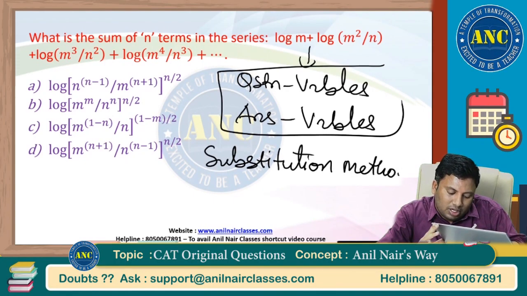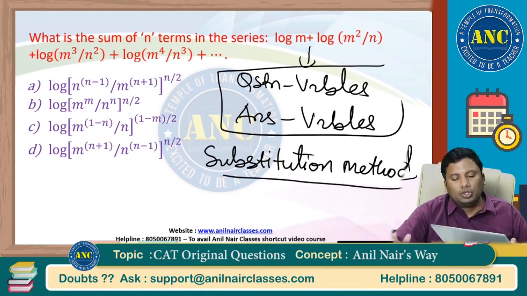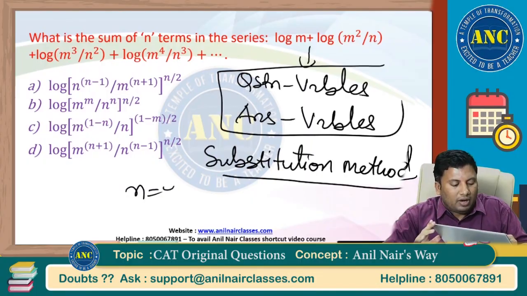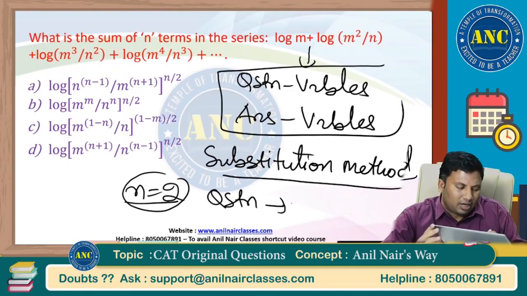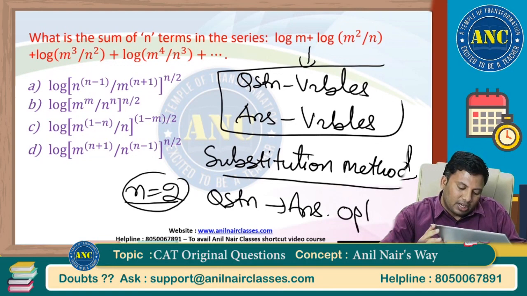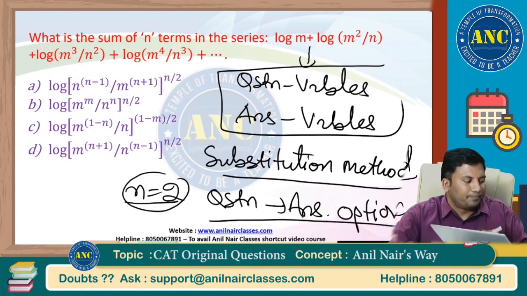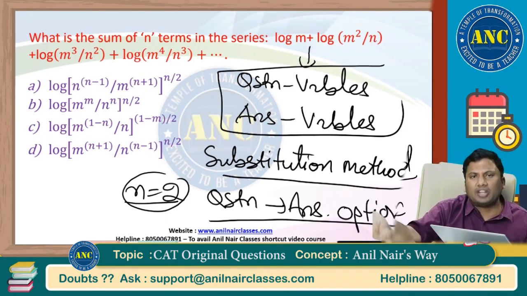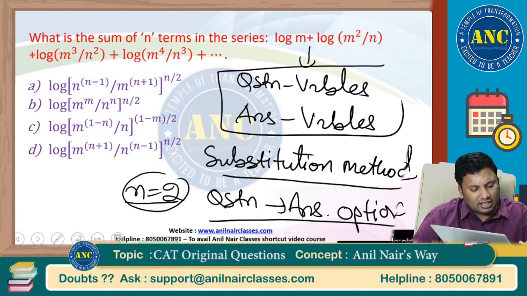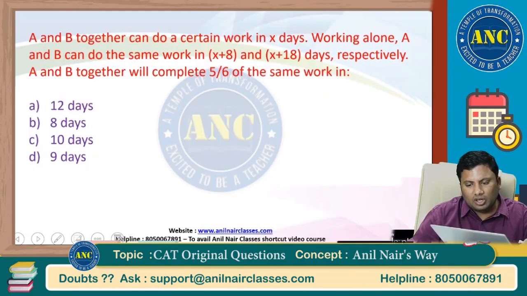Put n equivalent to 2 or n equivalent to 1. The question should match with the answer option. If n equivalent to 1 is matching, that will be the answer. Next one. I hope this is also clear.